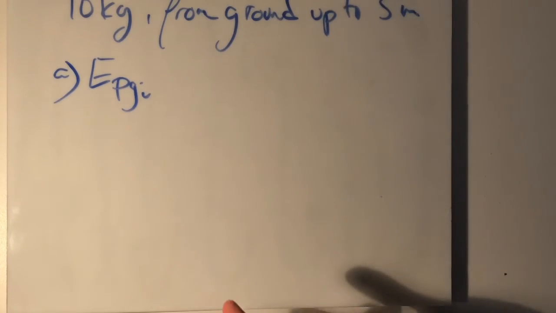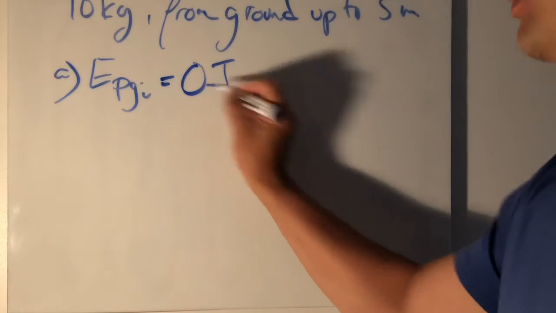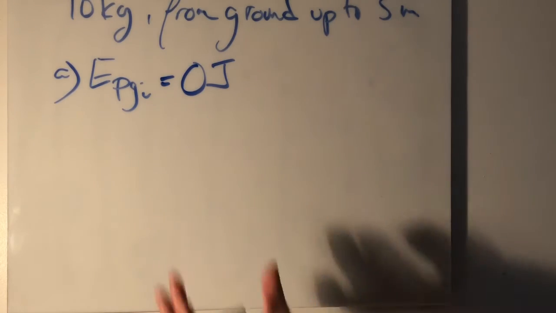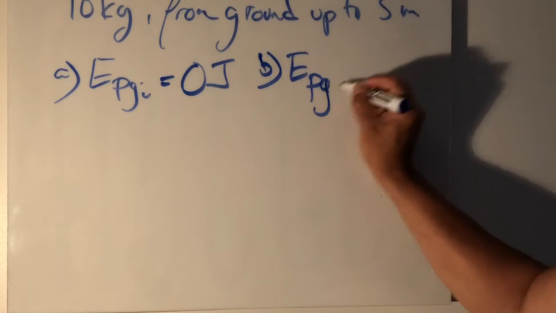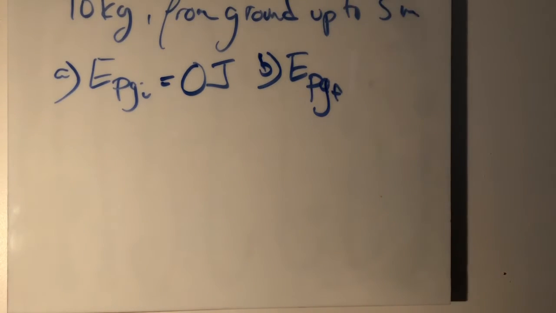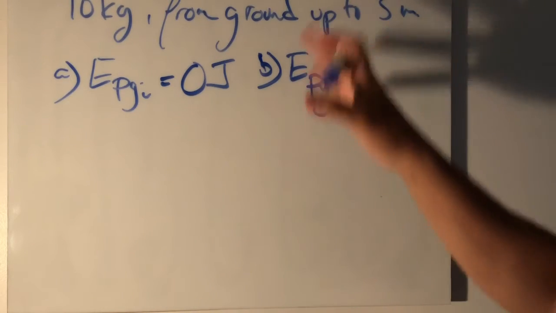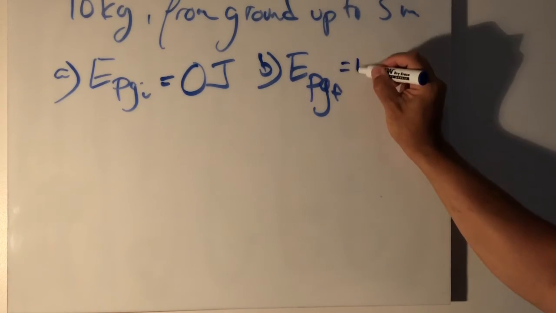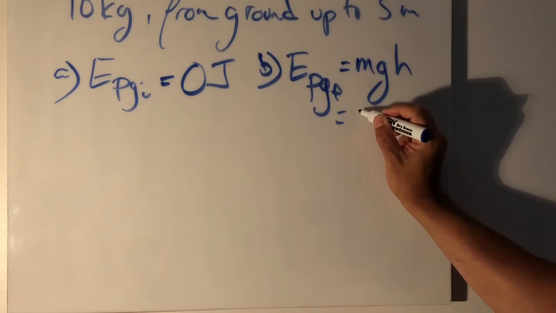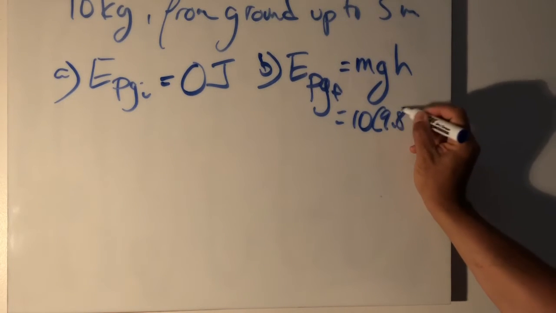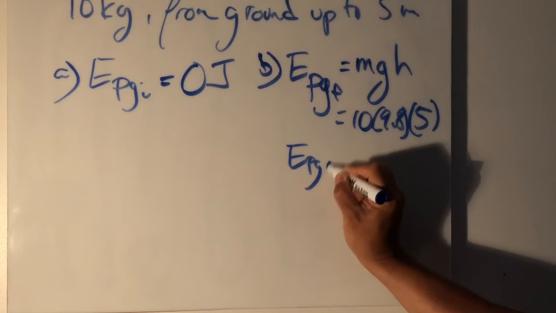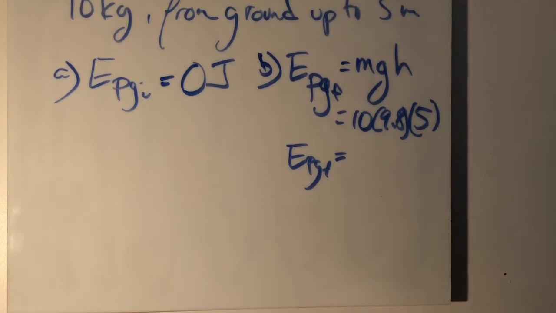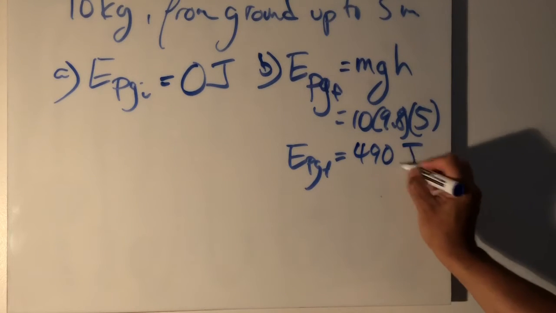Well, if it's on the ground, gravity can't pull it any further down, so it has no energy. It is just sitting there. So then, what is the final gravitational potential? mgh. So it is 10 kilograms times 9.8 times 5. So our EPG final is going to be 490 joules.